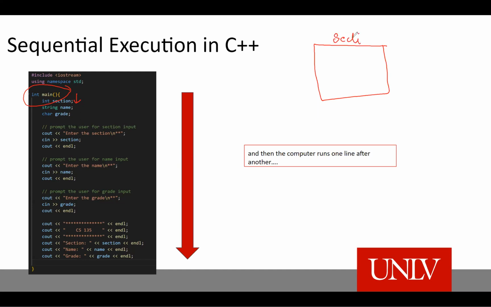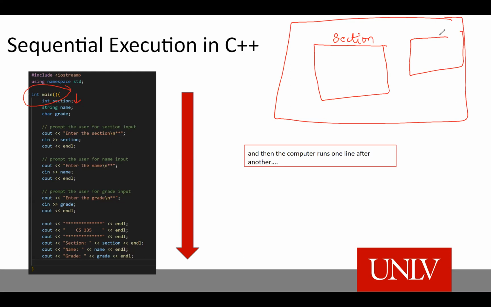So this is the computer's memory. Inside the computer's memory, a variable section is created, and then a variable name is created of string type, and then a variable grade is created of character type. So sequential execution, one statement after the other.